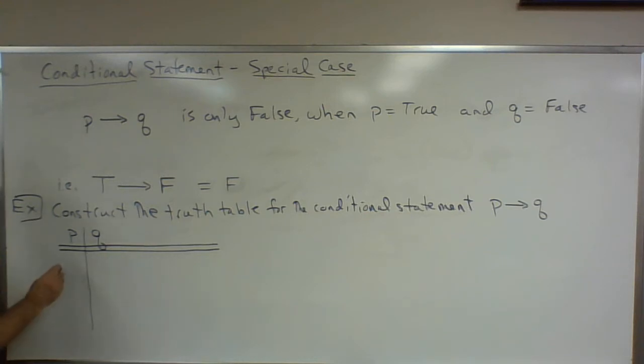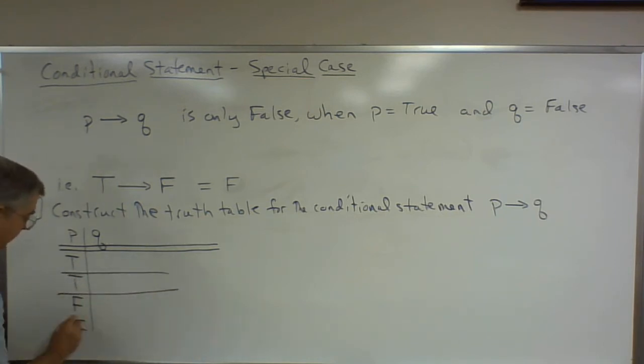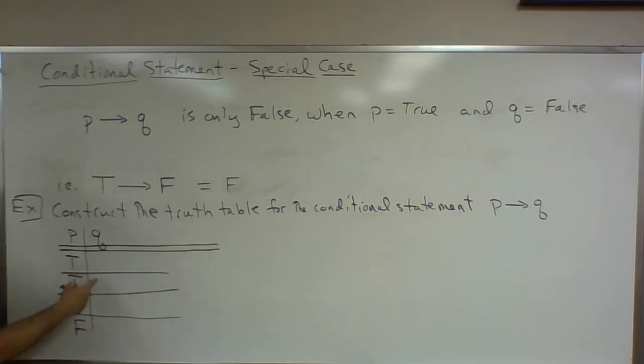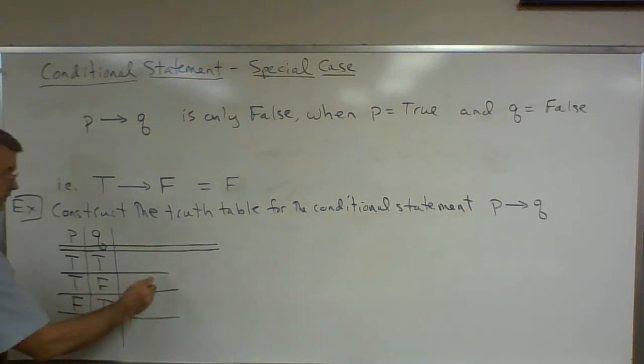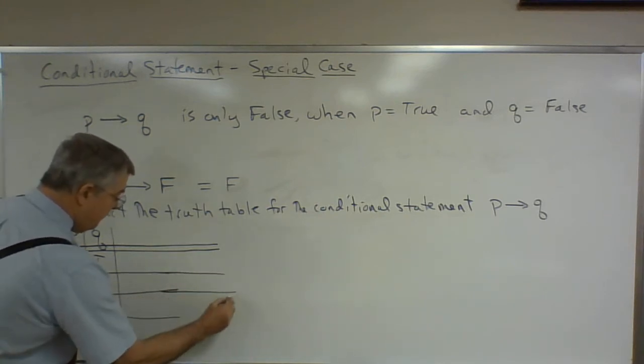And the way that we list them all is we go true, true, false, false on the outside. And on the inside, we alternate true, false, true, false. And this is the universally accepted way to set up a truth table made up of two simple statements, P and Q.